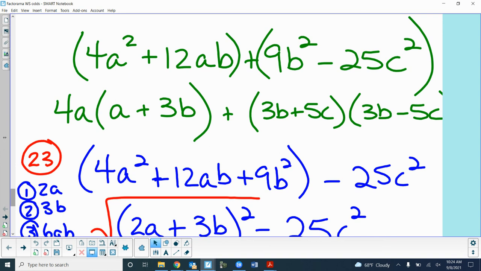Okay, we tried to factor by grouping, and first two, last two doesn't work. So we have to do the first three.